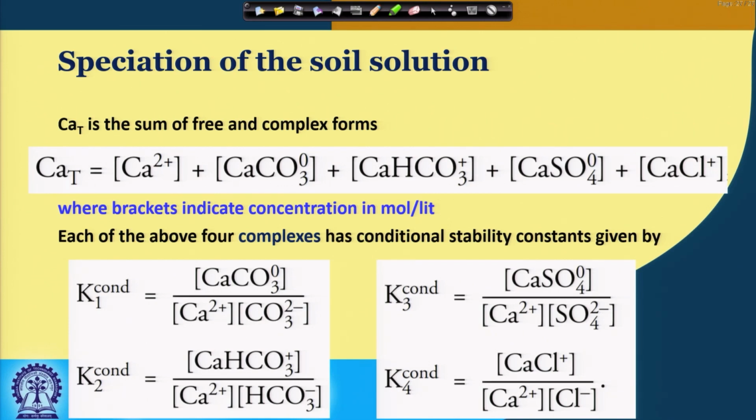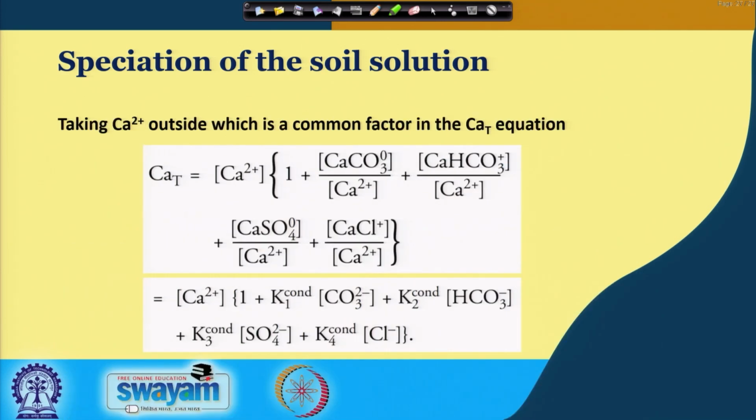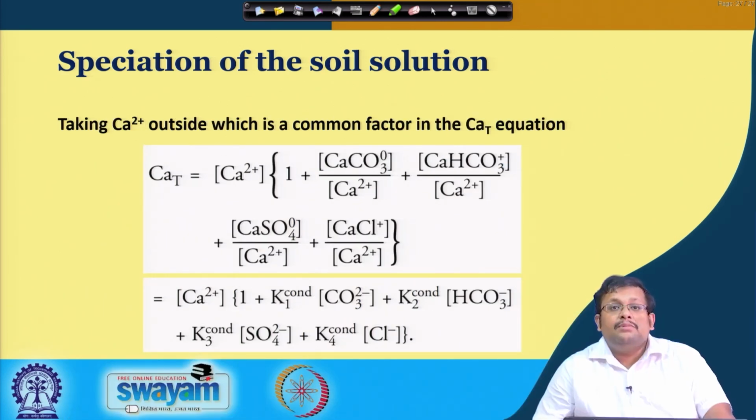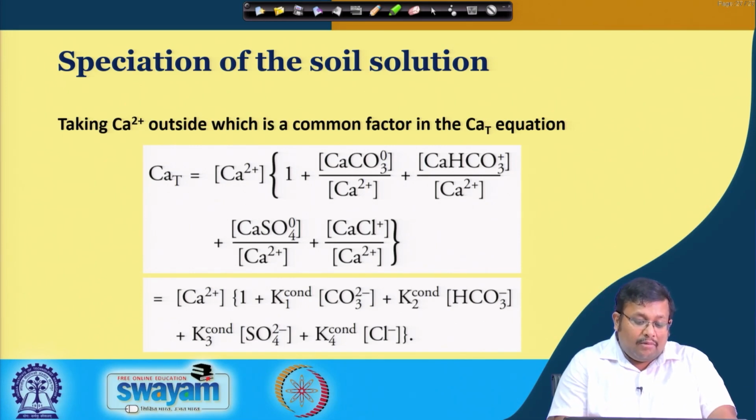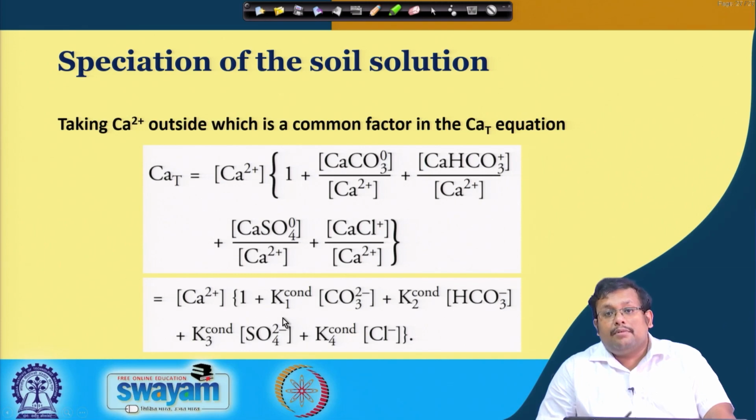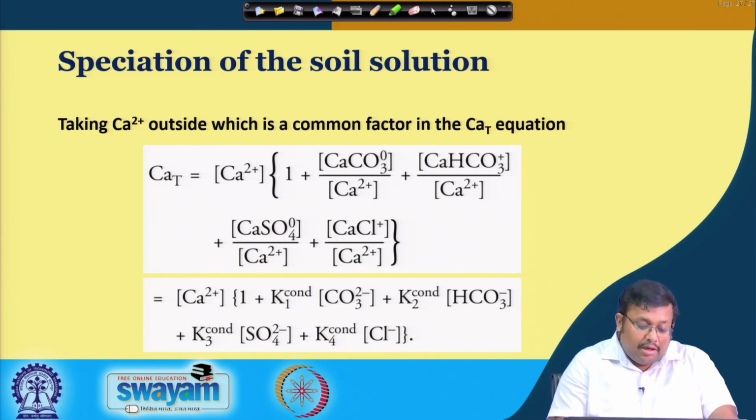By taking this calcium 2 plus as a common factor, we have converted the total equation into an algebraic equation, where we multiply the conditional stability constant of each compound with the concentration of that particular ligand.